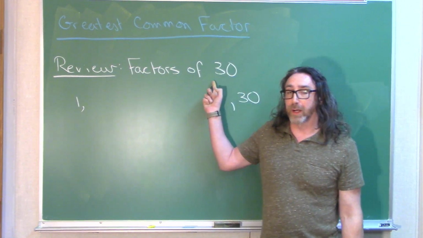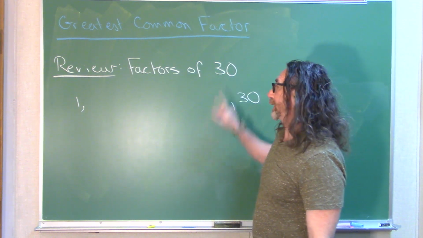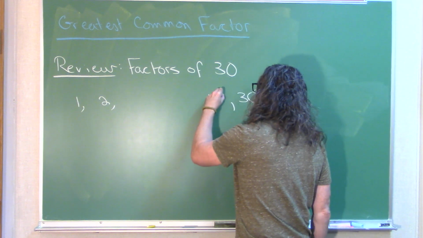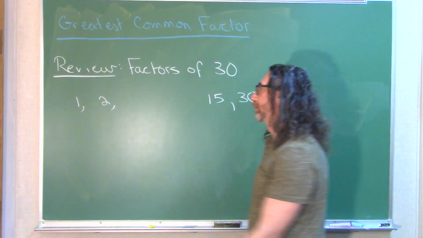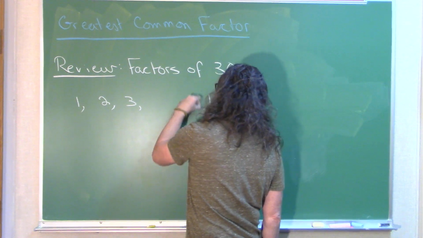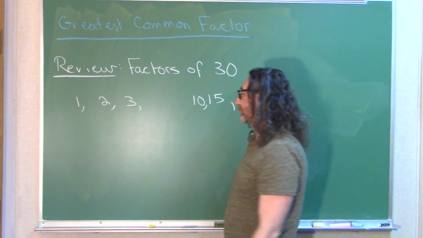One way to get a product equal to 30 is 1 times 30. 30 ends in a 0, so it's even. Another way is 2 times 15. You could do 3 times 10. Notice how I'm building it up from both ends.